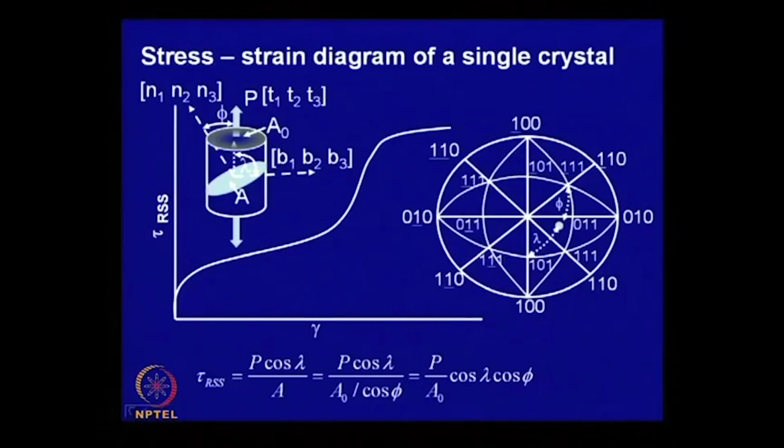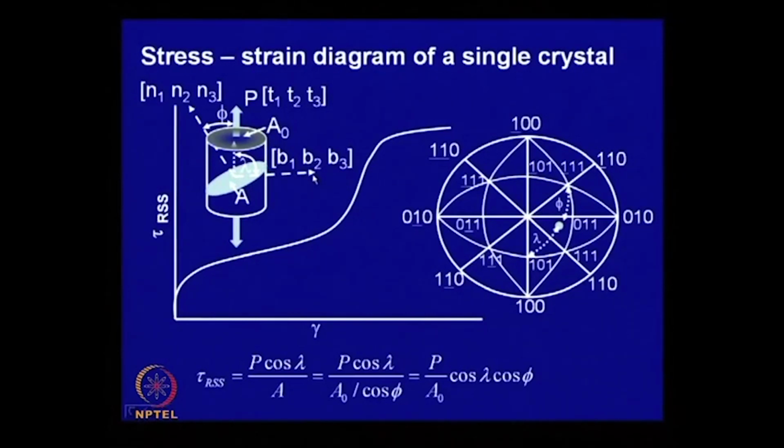In order to decide whether slip will take place or not, you should find out what is the shear stress acting on this particular plane. And this is shown over here. Even if you apply tensile pull, you have to resolve it onto the slip plane along the slip direction.